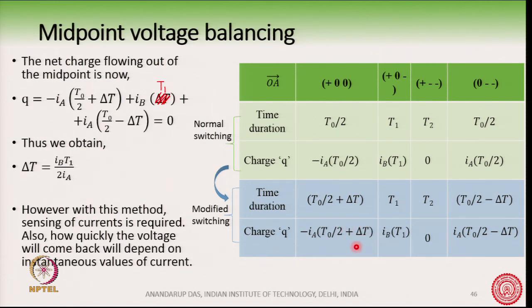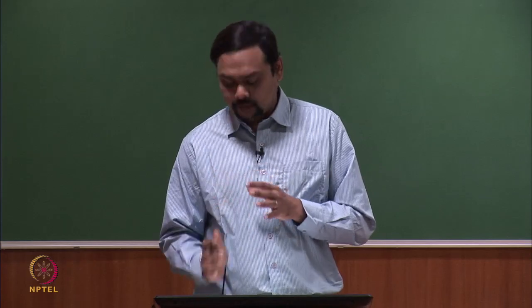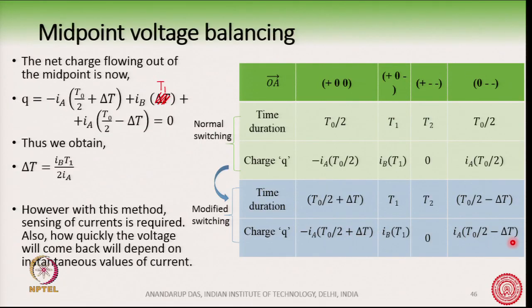If we have a sufficient amount of margin available, that means this T 0 by 2 should be quite a good chunk of the total time period T s.